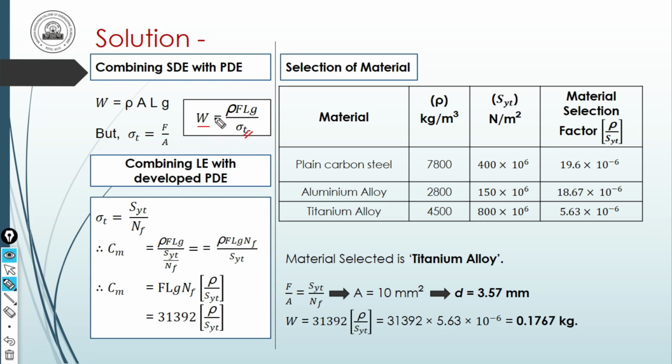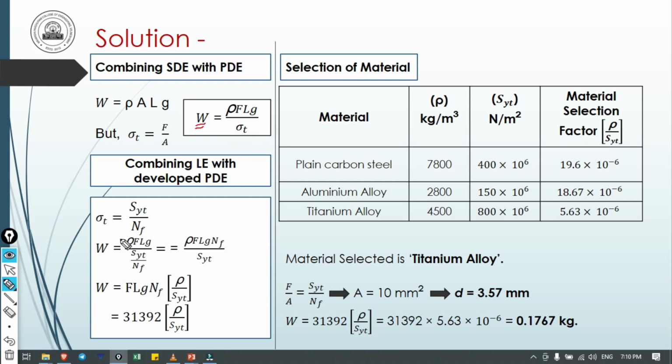That means to minimize this W value we have to maximize this sigma T, and for maximum value of this sigma T we have to write it as sigma T equal to yield strength upon factor of safety, NF. Now after substituting this sigma T as SYT by NF, we will get W value as rho FLG upon SYT by NF.